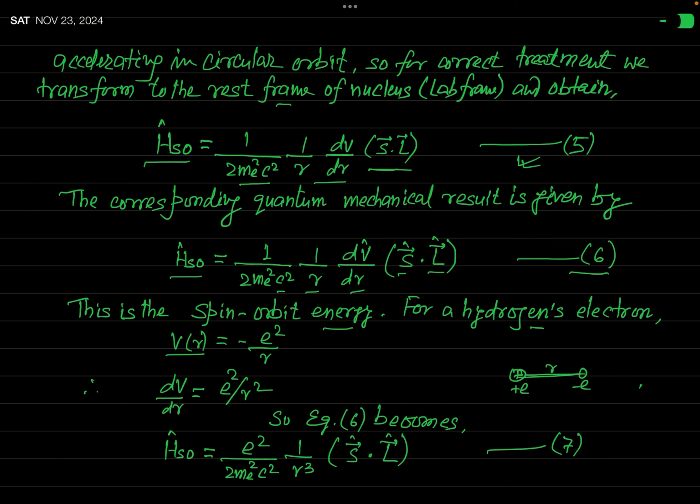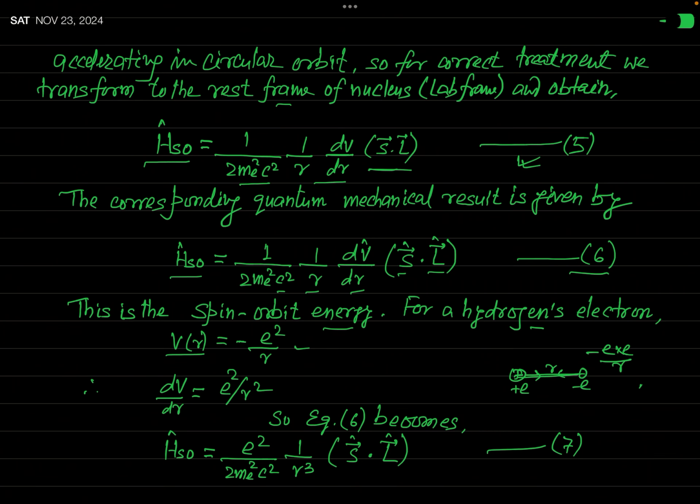So the electrostatic potential energy of this system is simply minus, since the interaction will be attractive, minus e times e divided by r, that is minus e square by r. And if you write this expression in SI units, there will be 1 over 4 pi epsilon naught, e square by r with a negative sign. This negative sign shows that the interaction between proton and electron is attractive. So V of R in the context of hydrogen's electron is this much.